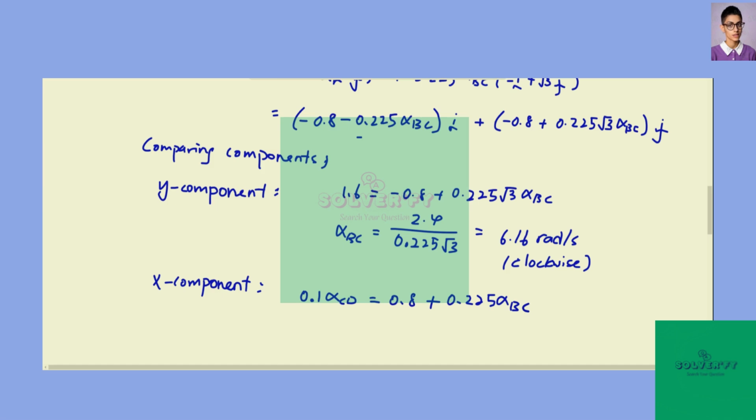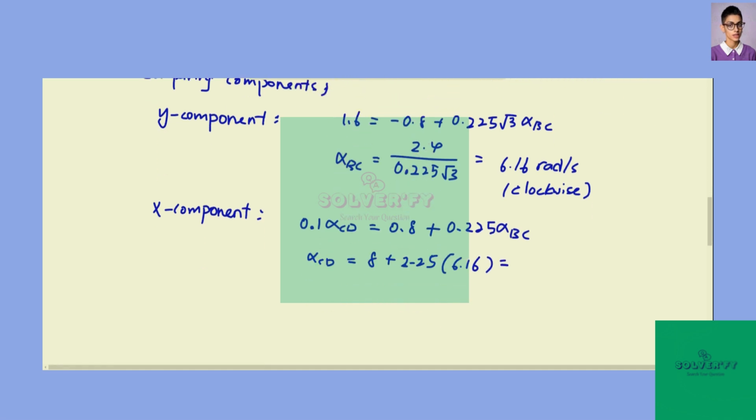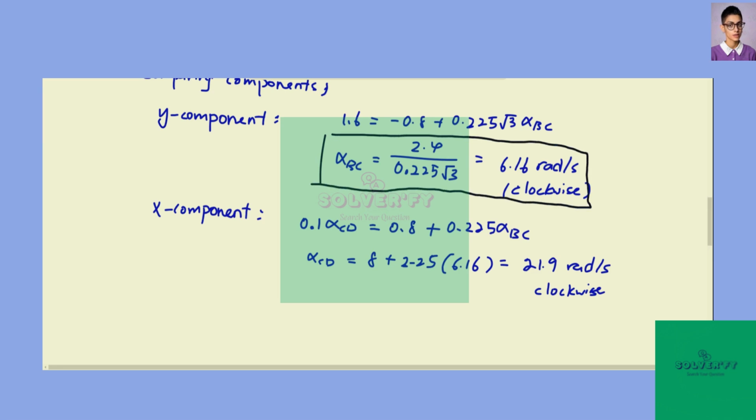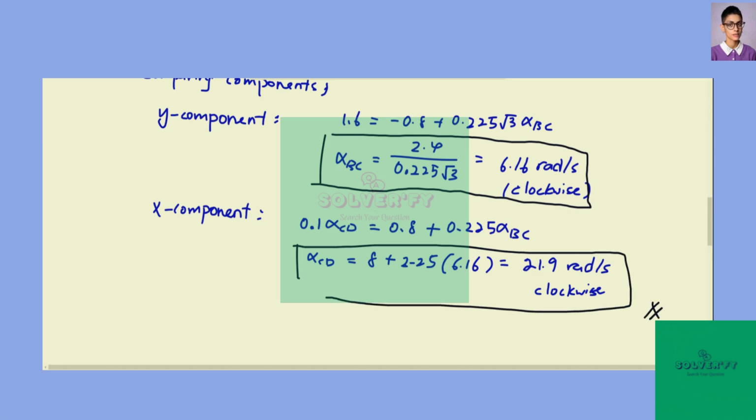So alpha CD is 8 plus 2.25 times 6.16. So this is 21.9 radians per second, and clockwise. So here are the answers for alpha BC and alpha CD.